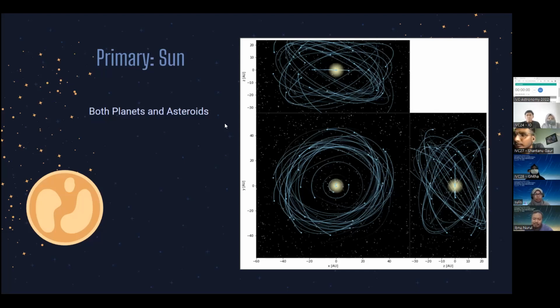So I think it would be better if you showed the plot of the semi-major axis, inclination, or eccentricity, I mean the evolution of those orbital parameters.